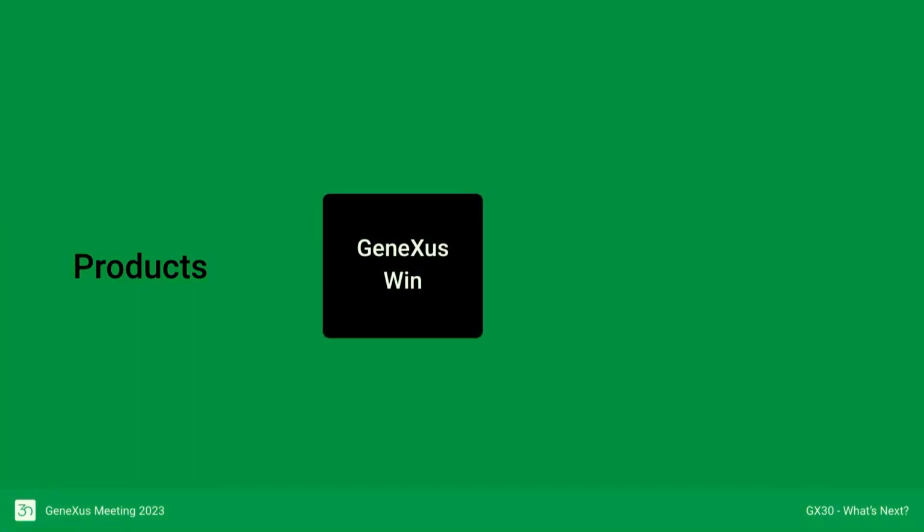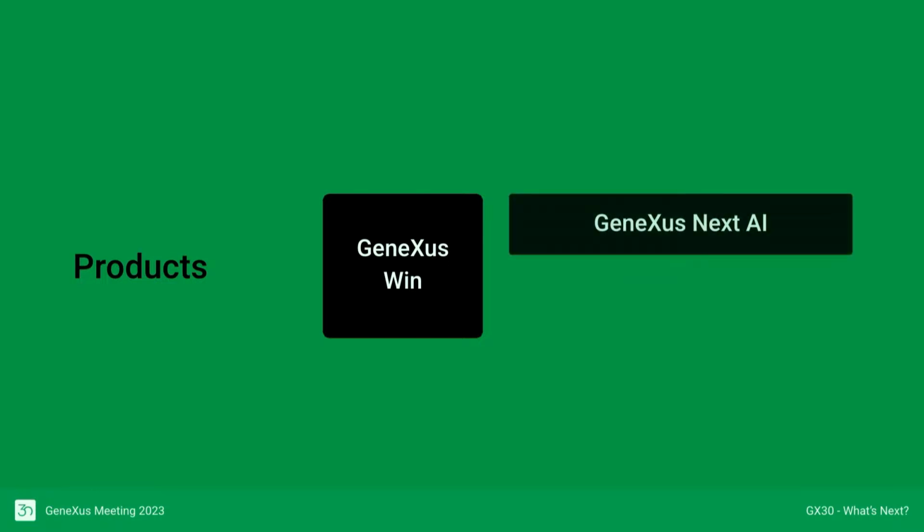Just an overview now. Products then, we have GeneXus Win that will continue existing for many years. And then from now onwards, we're going to have a product called GeneXus Next AI. And that's what's already started. It started this year. We're going to be adding modules to it.